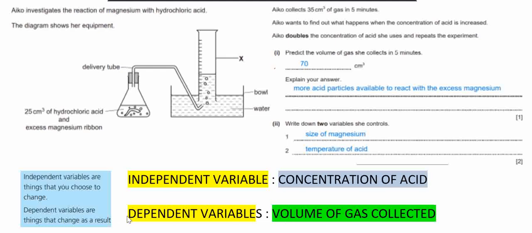So remember, keep in mind, the dependent variable is always the thing that depends on what Ico changes, and it is the thing that Ico observes. The independent variable is what Ico changes, that is concentration of acid, and the control variable is what Ico keeps the same, that is size of magnesium, temperature of acid, volume of acid.